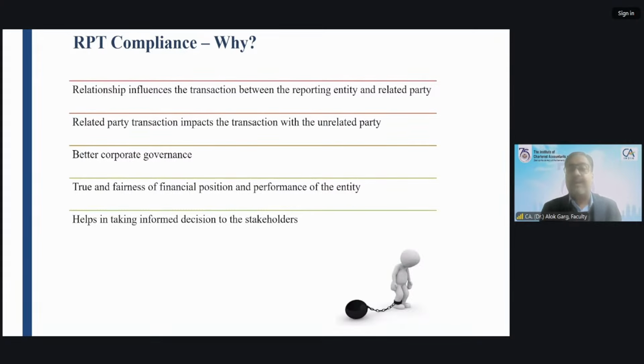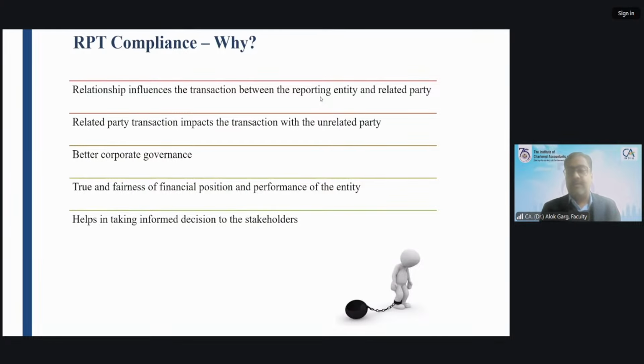So related party compliance is important because the relationship influences the transaction between the reporting entity and the related party. For example, if there is a subsidiary, there is a parent also. A parent can sell goods to the subsidiary at cost or at a very nominal price.